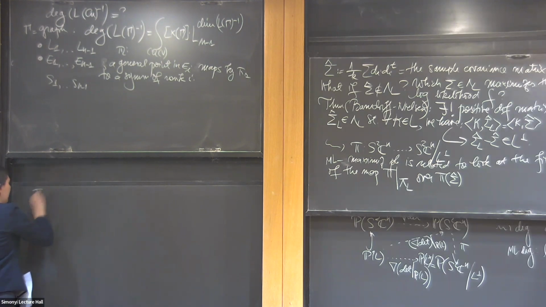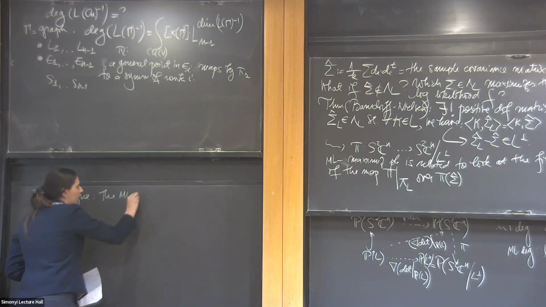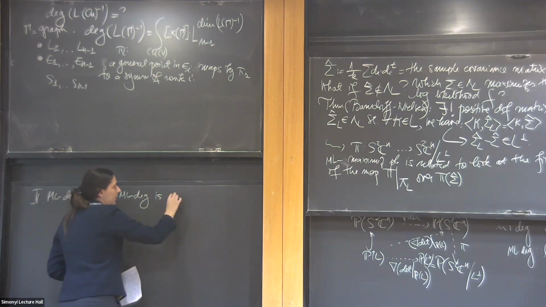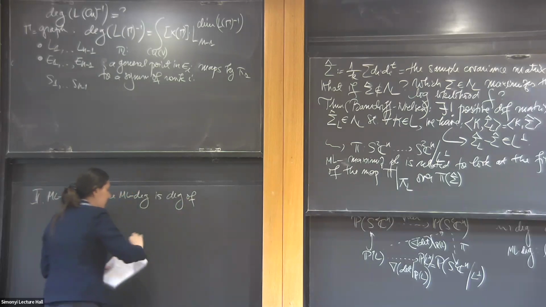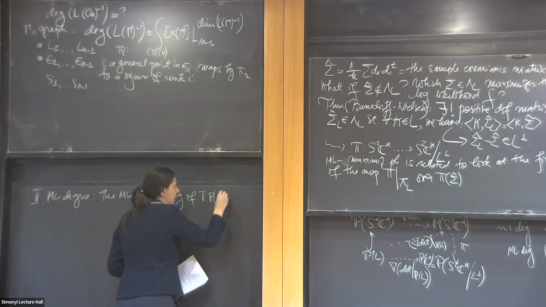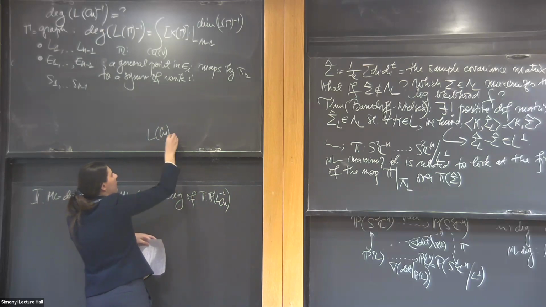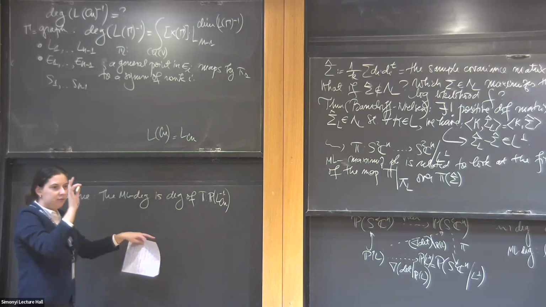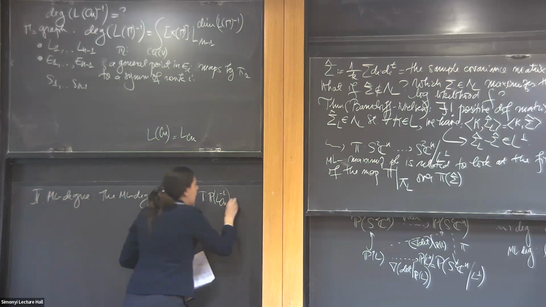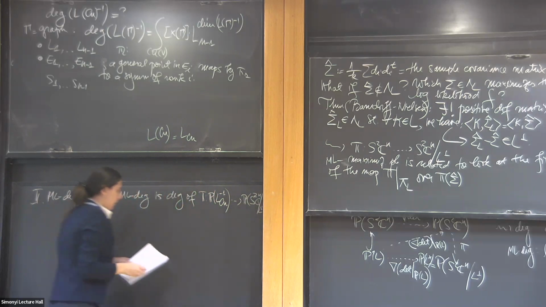So, ML degree. As we discussed at the very beginning, the ML degree is given by the degree of the rational map from the projectivization of L_CN inverse, I will write it like this right now because I will have upper indices and it will be ugly, to S^2 C^n.